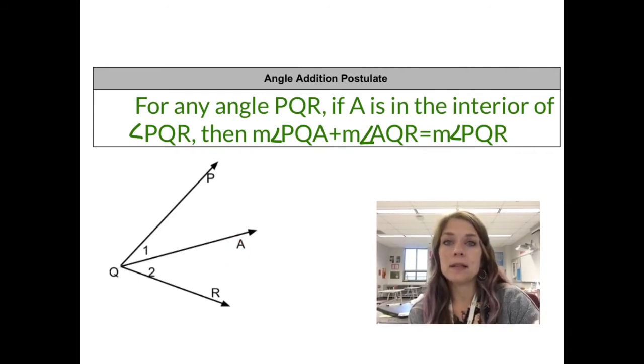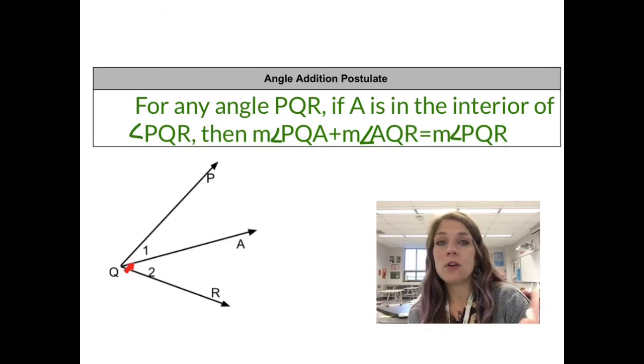When that happens, the measure of the angle created from PQA plus the measure of the angle created from AQR, when you add those two angles together, you get the measure of PQR. So again, these are measures of the degrees inside each of these angles. When you add this one to this one, you get the whole angle, and that's the angle addition postulate.